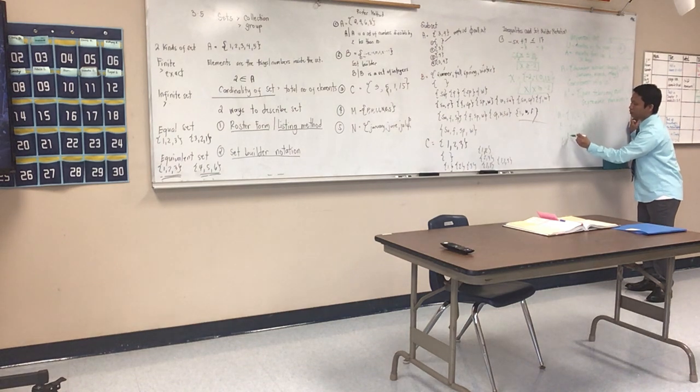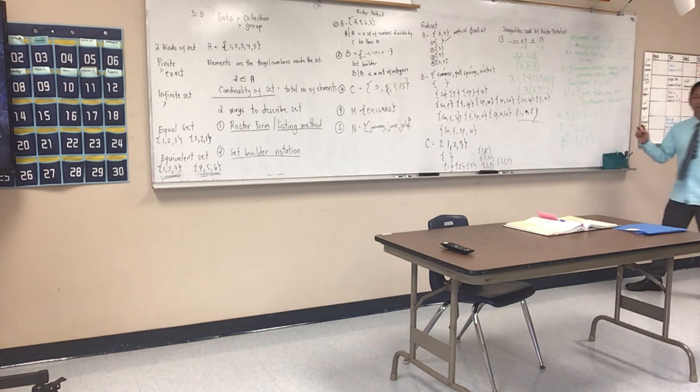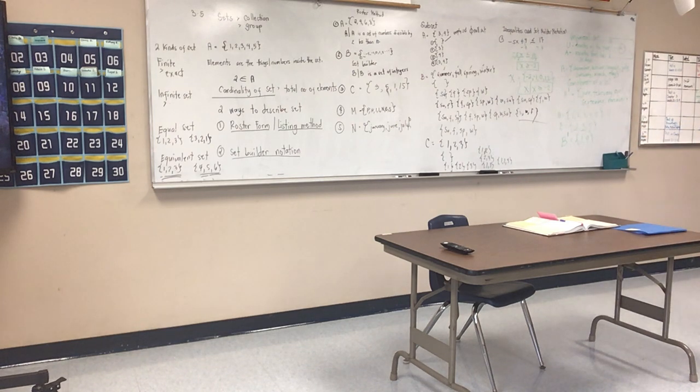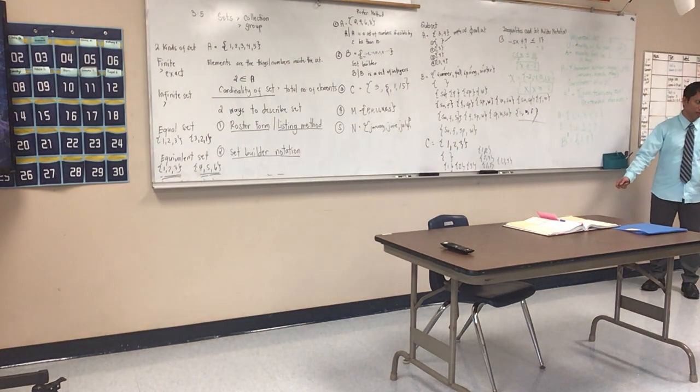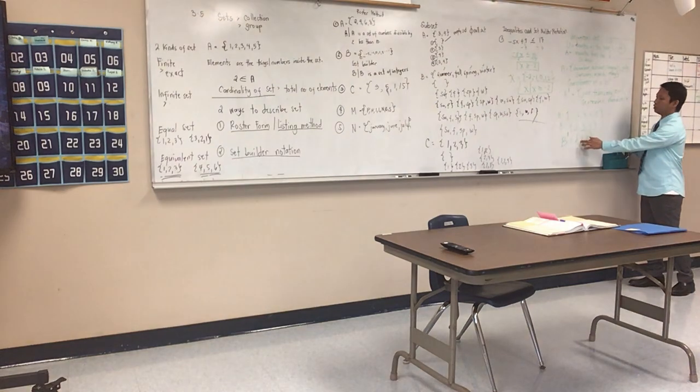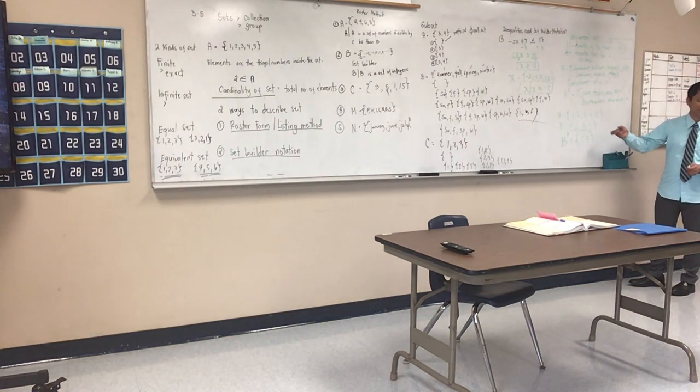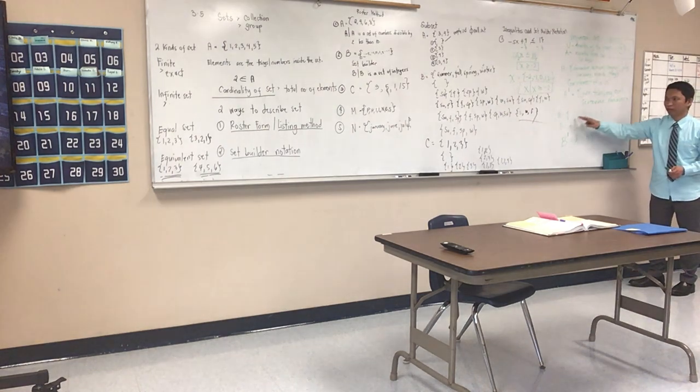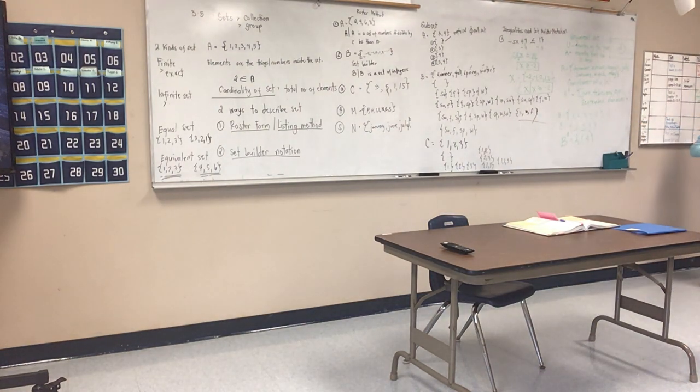So B complement is just 1 and 4. It means whatever element that you can see on the universal set that is not found on that set is the complement of the set. So 1 and 4 is not found on set B. Therefore, the complement of B is just 1 and 4.